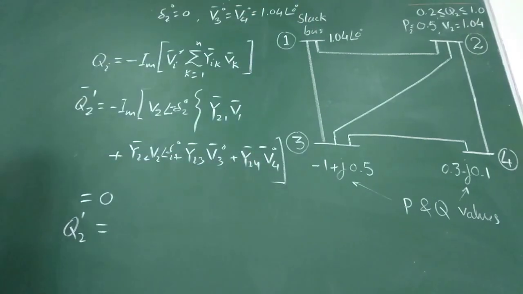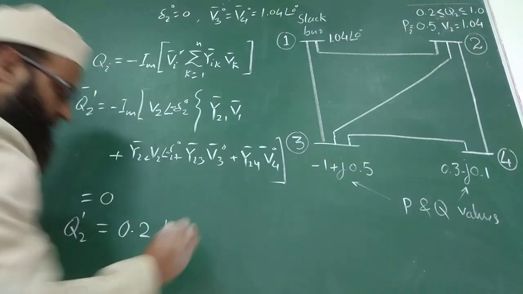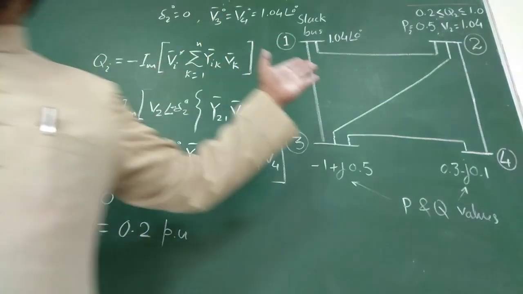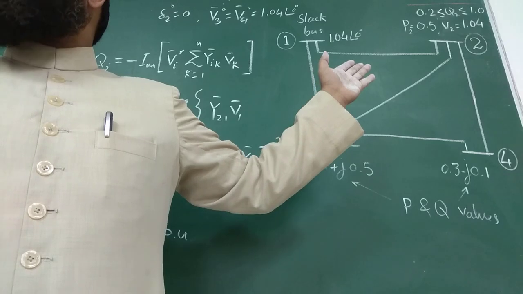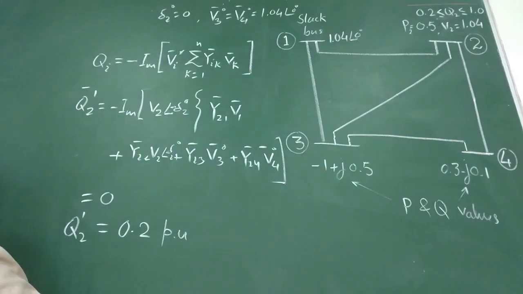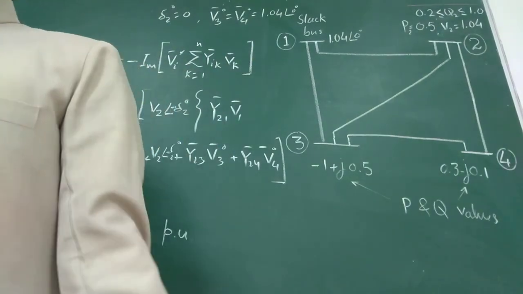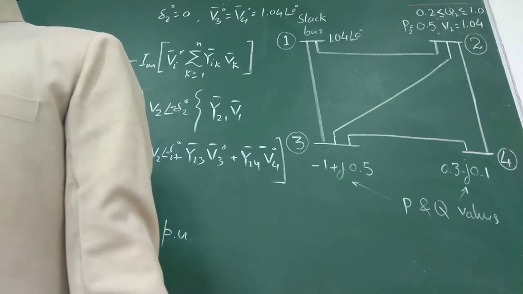So that will be now 0.2 per unit, as it has now been treated as a PQ bus. So P2 will be this and Q2 will be this. Got the point? Once it is now a PQ bus in this iteration, the variables will be V and delta.